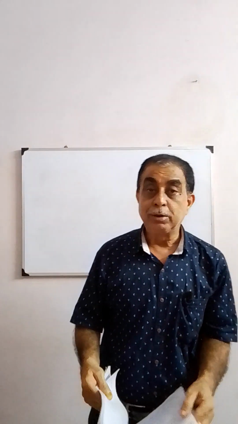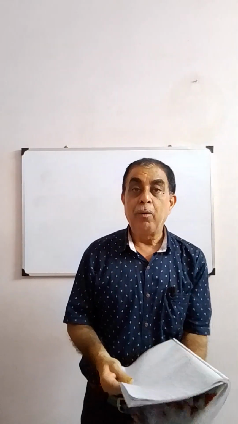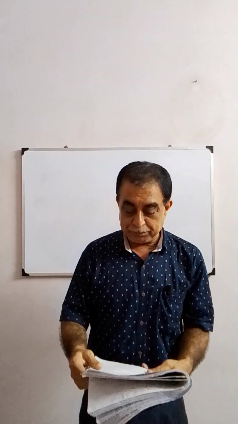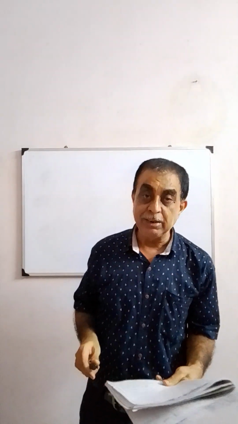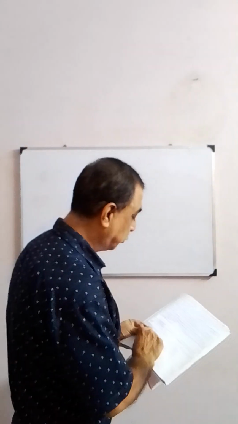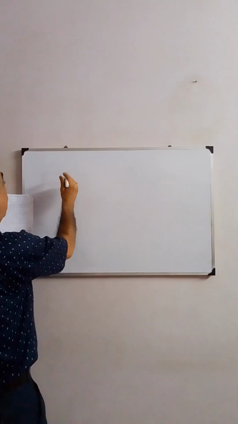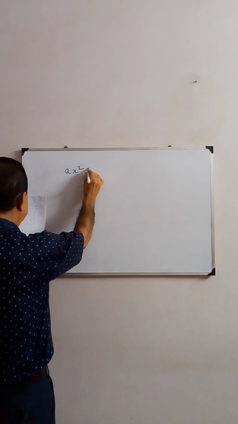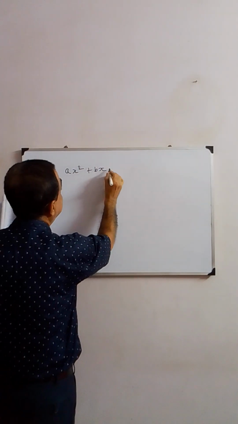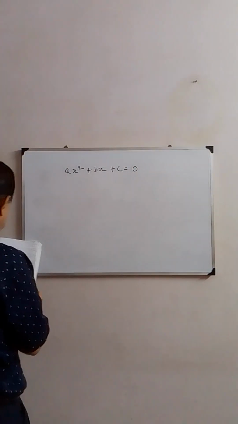Okay. Now I am discussing one topic of class 10 mathematics, that is quadratic equation. Now what is a quadratic equation? A quadratic equation is of the type ax squared plus bx plus c is equals to 0.